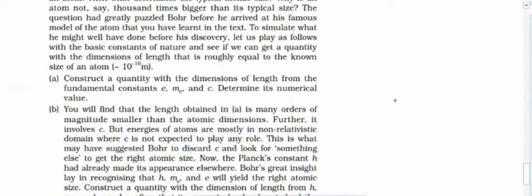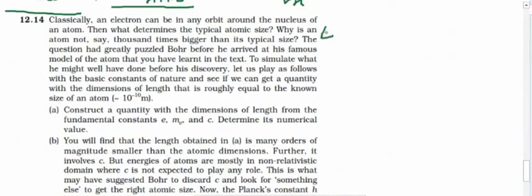Go through the question, then see how to find the answer. Part A: construct a quantity with the dimensions of length from the fundamental constants e, m, and c. Determine the numerical value. When we go for such a calculation, you can consider an energy consideration.